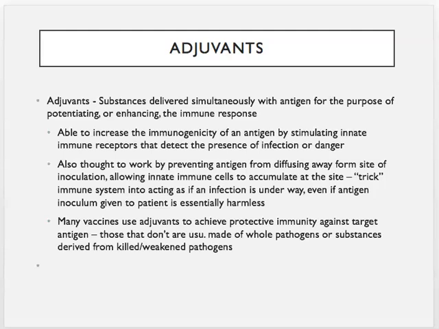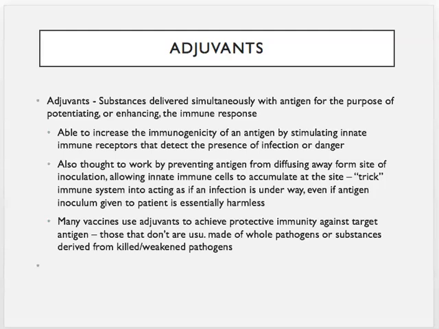They're also thought to work by preventing the antigen from diffusing away from the site of inoculation. So that allows your innate immune cells to accumulate at the site. So it kind of tricks the immune system into acting as if an infection is underway, even if the antigen inoculum given to the patient is essentially harmless.